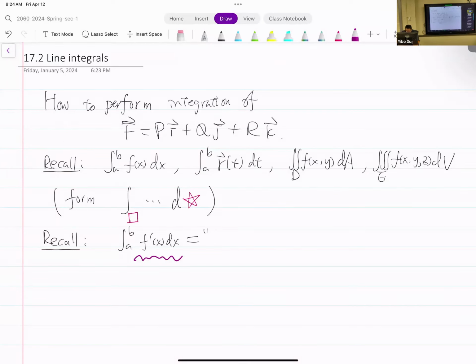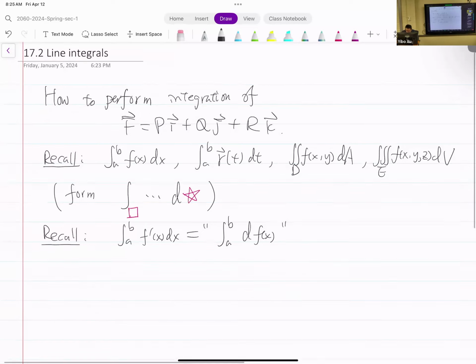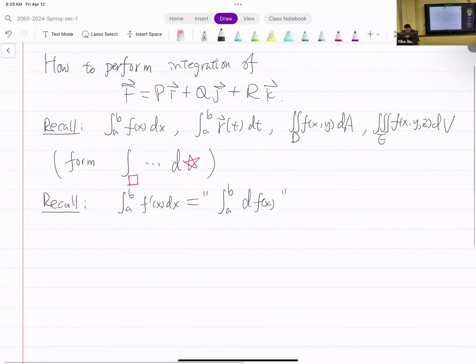So you can always think about the u substitution. But if you don't really write out u, you can just put it as d f of x. Just the differential symbol. Okay, the differential notation. This is a way that helps you to interpret the information from this section further.